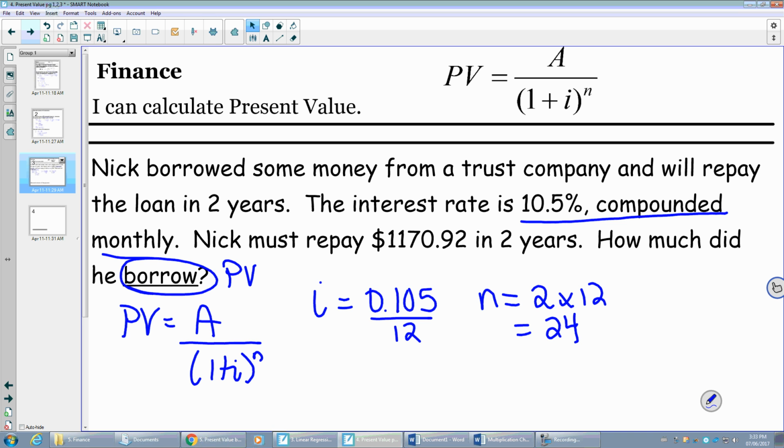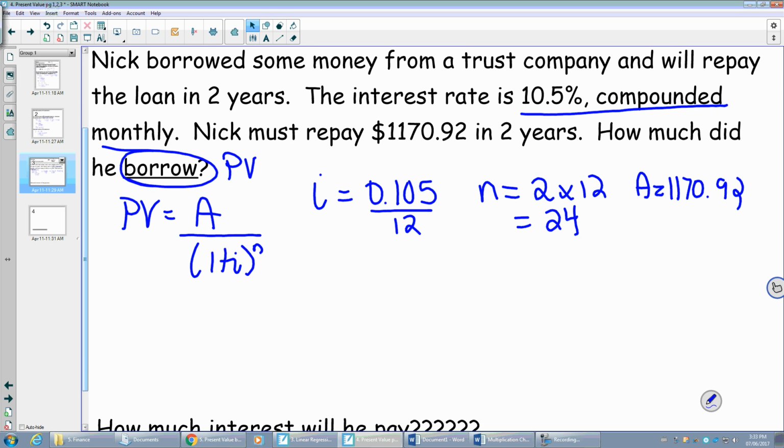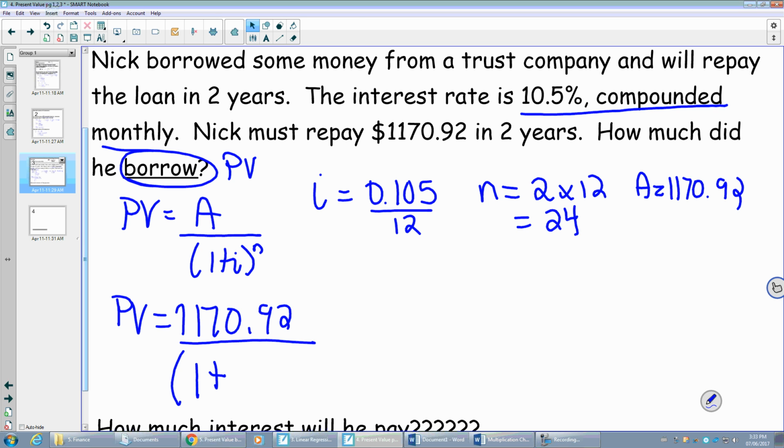And the amount that he owes at the end is $1,170.92. So I have all of that information there. And now I just have to plug it into my formula. So present value is equal to $1,170.92 divided by (1 plus 0.105 divided by 12) to the exponent of 24.